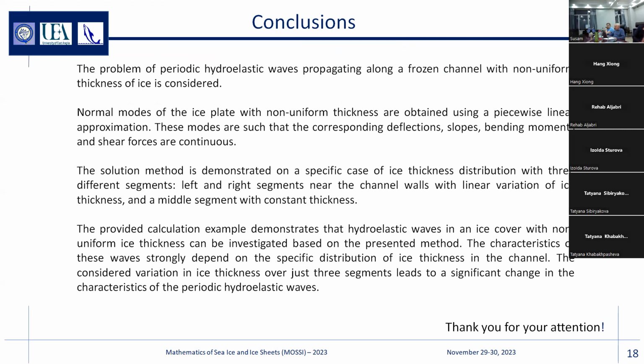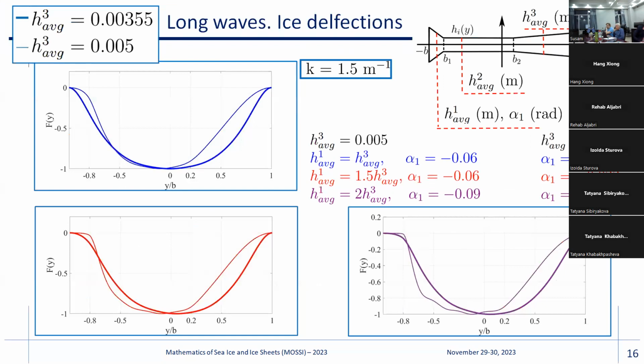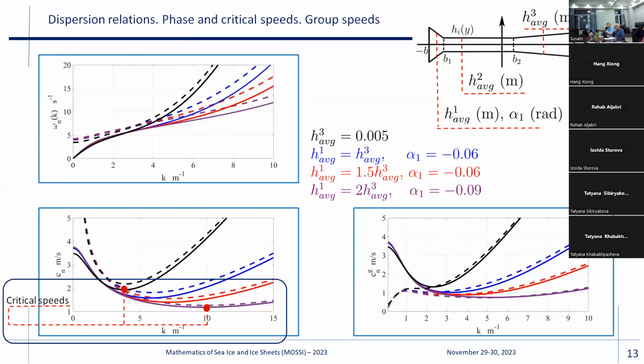Did you consider the lowest harmonics or some higher harmonics also? You mean values of frequencies? Yeah, I can show you this plot. This upper left picture shows the values of frequencies which we consider, from 0 to 20.